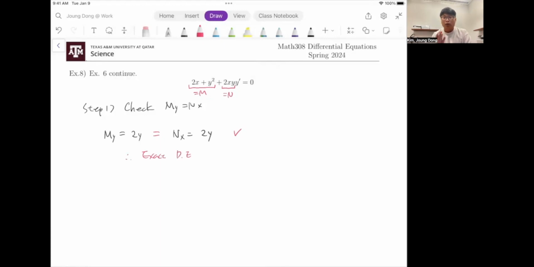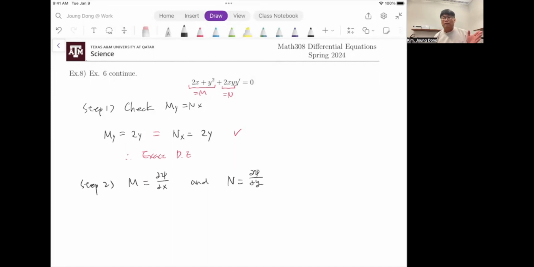And as I said, there are two ways. Don't forget this one. We assume your M is equal to d psi over dx, and your N is equal to d psi over dy. You can start either way.